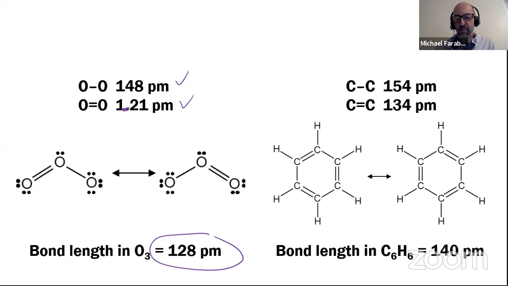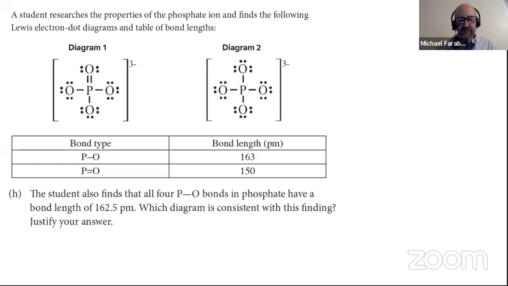So the shorter bond length is 134 picometers. The longer bond length is 154. And because these are all equivalent and are kind of in between, the bond length is 140. Now let's go back to our question. We have two numbers, 163 and 150.